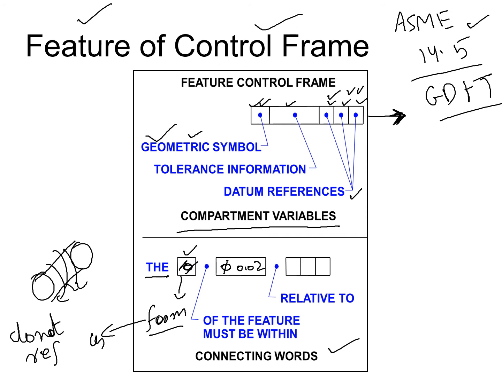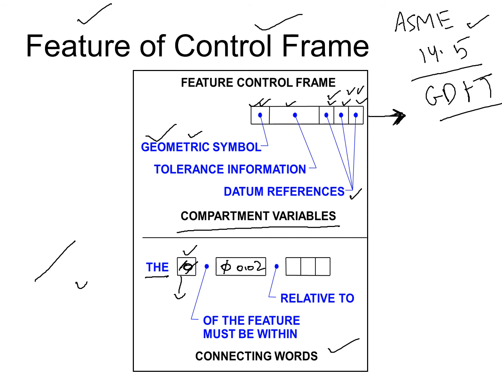So what I will do, if I need to fill the reference box, I will use a tolerance for which reference is required. So let's say I write position, that the position of the feature must be within. And now let's say the diameter is not required.